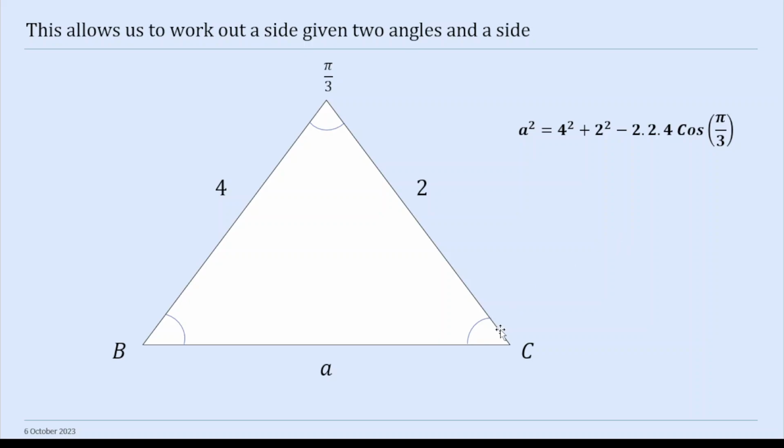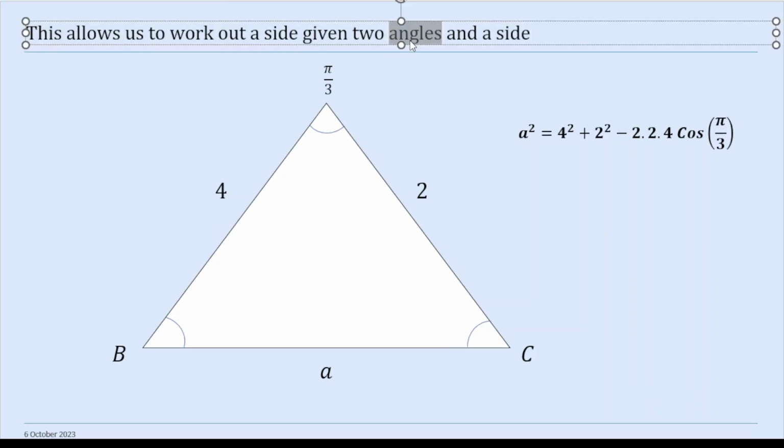Okay, let's look at another one. We can work out a side given two angles and a side. No, this is wrong. We can work out a side given two sides and an included angle. Look at that, we're correcting this in real time. That's the whole point.